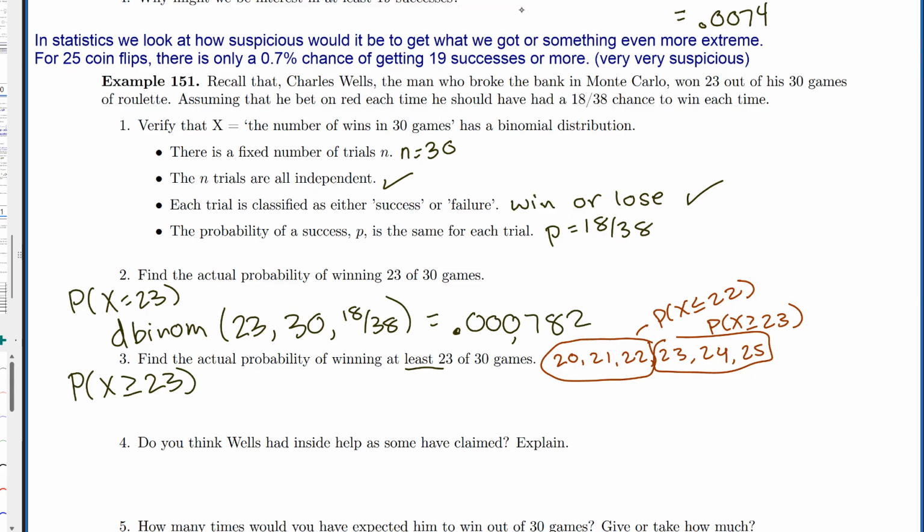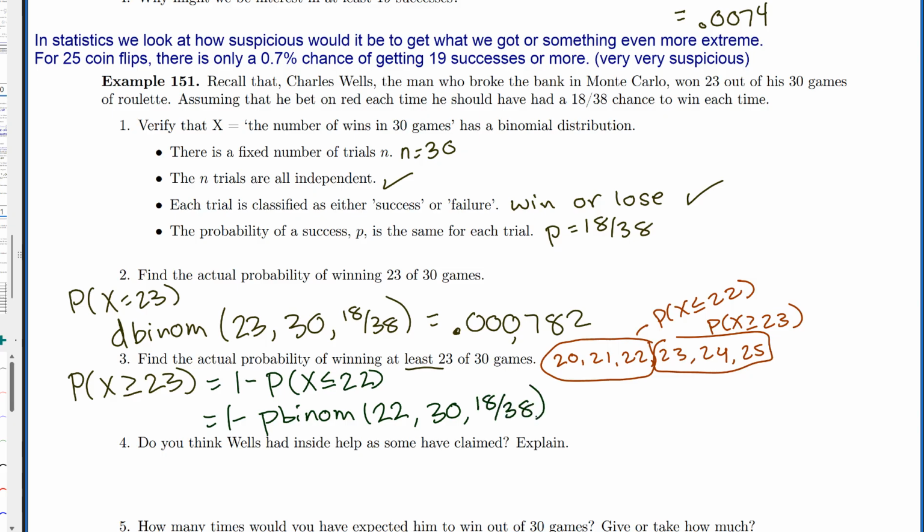So the probability that x is greater than or equal to 23 is going to be 1 minus the probability that x is less than or equal to 23. So we're going to do 1 minus, we're going to do p binom. Sorry, I wrote 23. 1 minus the probability that x is less than or equal to 22. Hopefully you got that. So we want to put in 22. There were 30 total. The chance of winning was 18 out of 38. So it's going to be 1 minus.